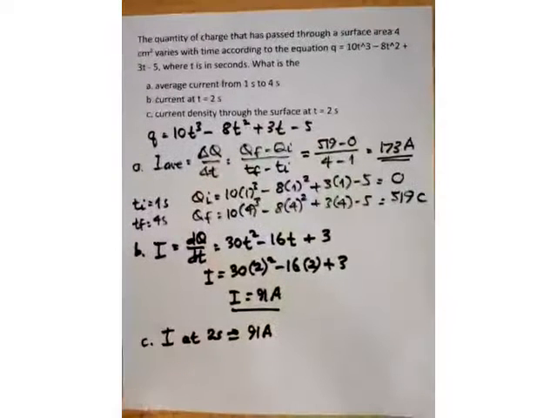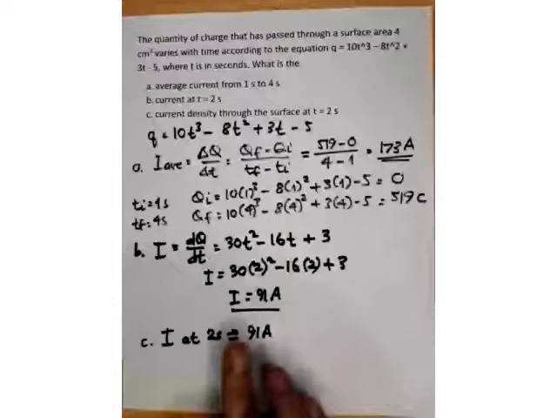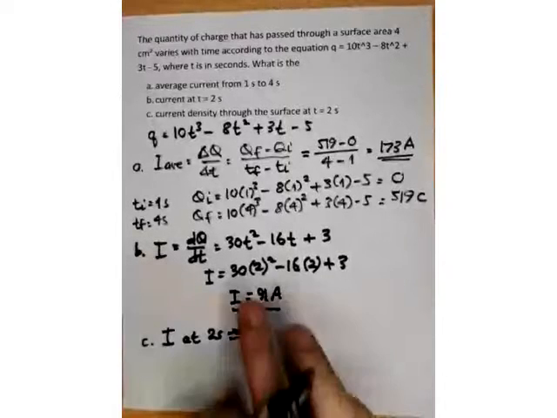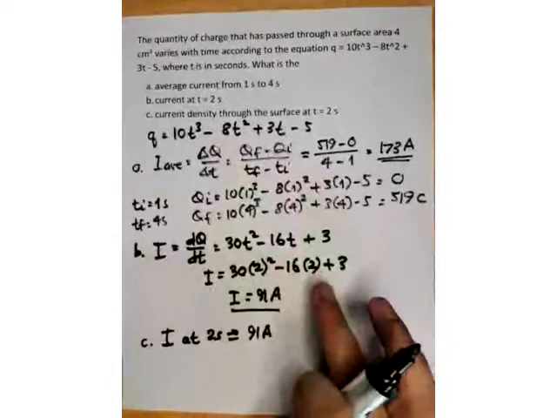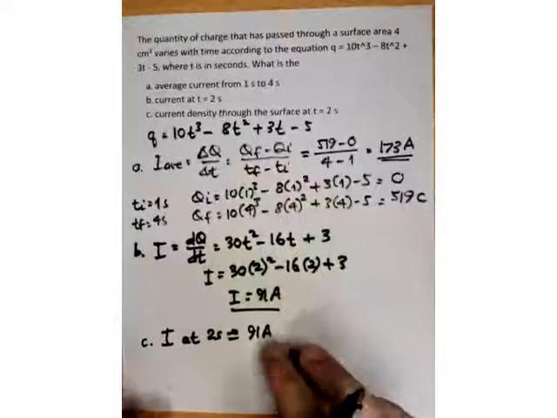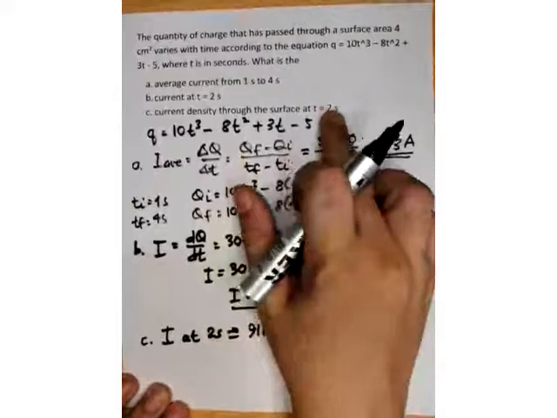Magets nyo ba? Halimbawa, sinabi ko what's the current density at 3 seconds, kailangan mag-compute tayo ng bagong current. Hindi natin pwedeng gamitin to kasi pang 2 seconds to. Kaya lang, sa C, 2 seconds din yung tinatanong. So, eto din yung kukunin natin.